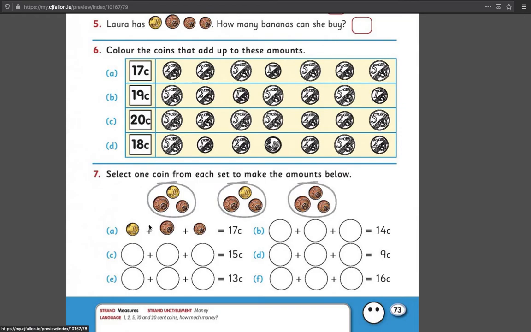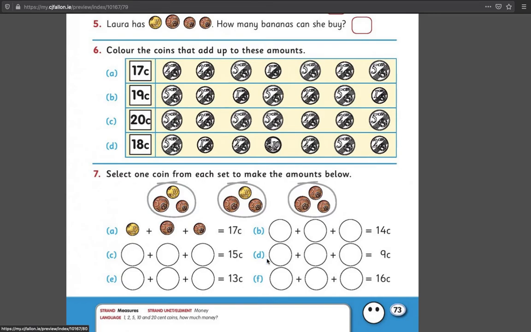If you take the 10 by accident, so 10 plus 5 is already 15. Okay, let's try something else. 10 plus 2 makes 12. So I need to get 3 cent, and there's no 3 cent coin, is there? So you can't make 15 then. You'll have to rub it out and try again, and try different coins to make up 15 cent. So 5 and 5 and 5 makes 15 cent for that one.